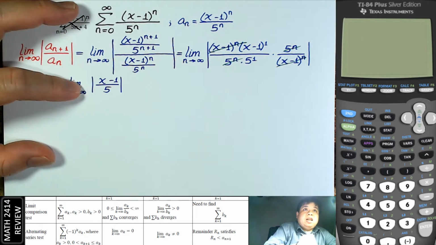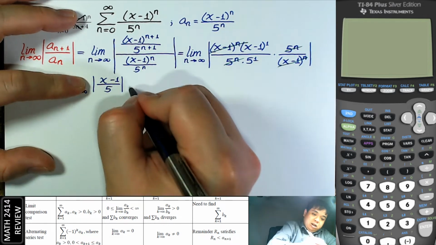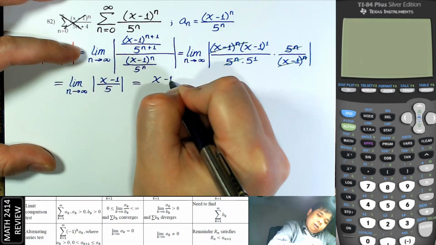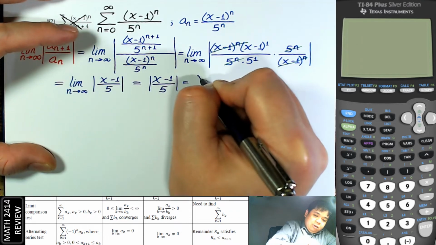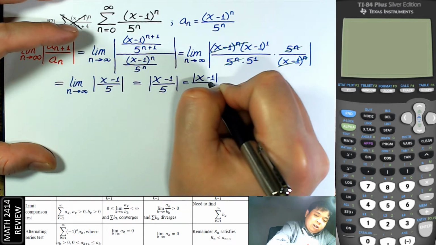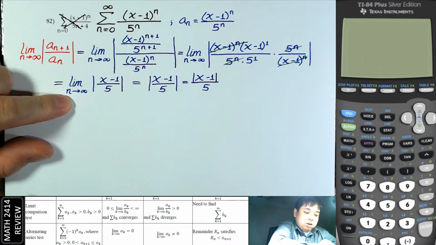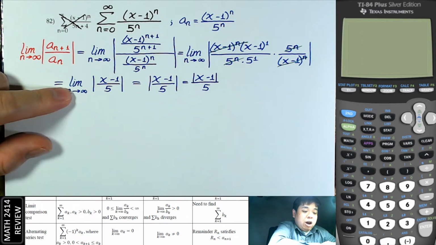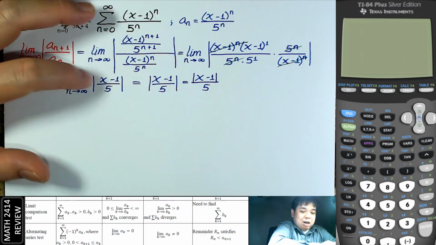Of course, this doesn't have any limit. This one doesn't have n in it, so the limit or not, it doesn't matter. So this is equal to x minus 1 over 5. We only need absolute value for x minus 1, and then over 5. The reason we don't have the limit anymore is because the variable is n, and we don't have any n in it, so that would be itself.